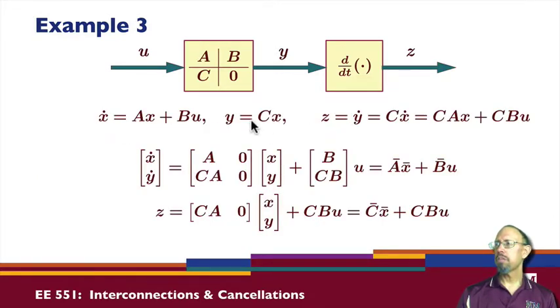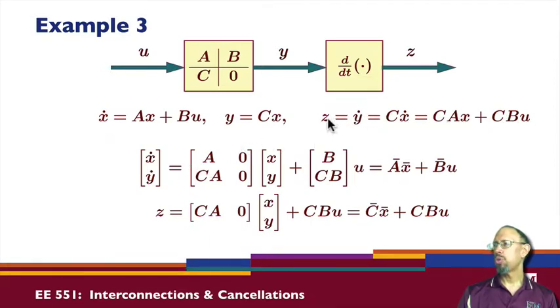So here's our state model for our system. X dot is equal to AX plus BU, Y is equal to CX. Z now is equal to Y dot. So it's the output of a differentiator. Y dot is equal to C times X dot. X dot is equal to AX plus BU. So Z is equal to CAX plus CBU.